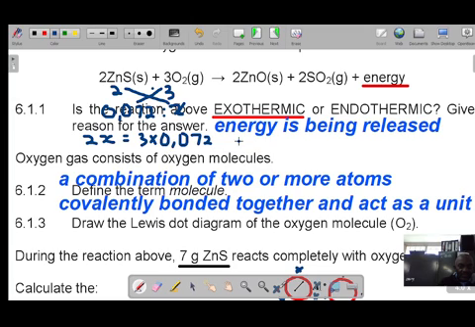So my X equals 3 times 0.072 divided by 2 all together. What answer do I get here? Let's check it out. 3 times 0.072 divided by 2 gives us 0.108.